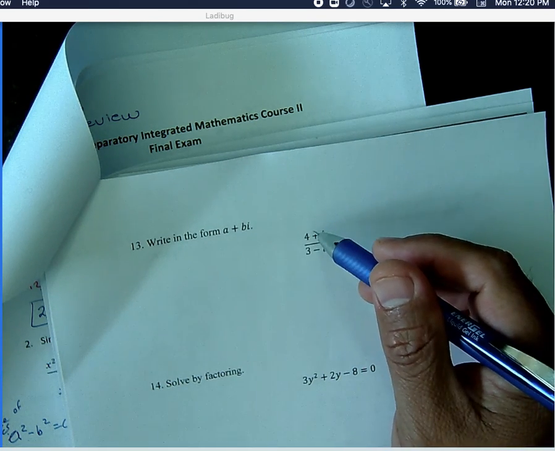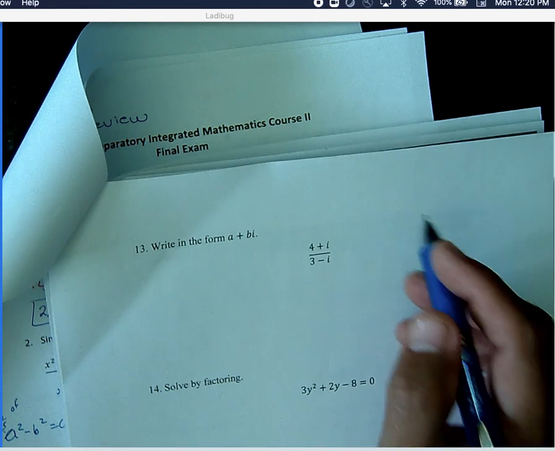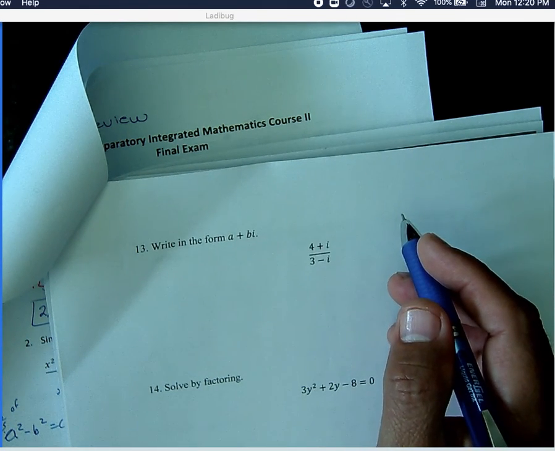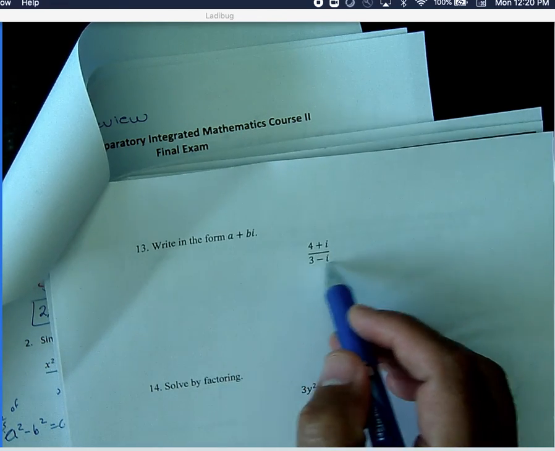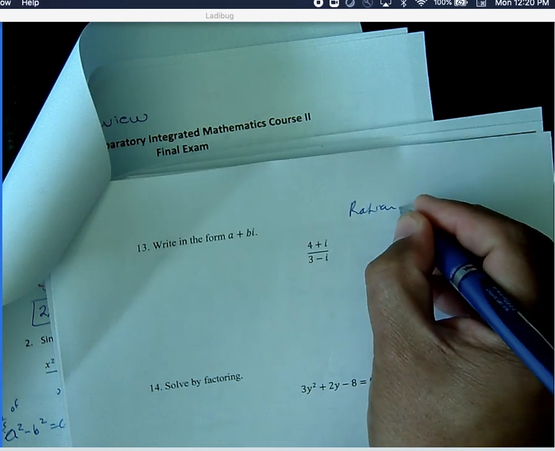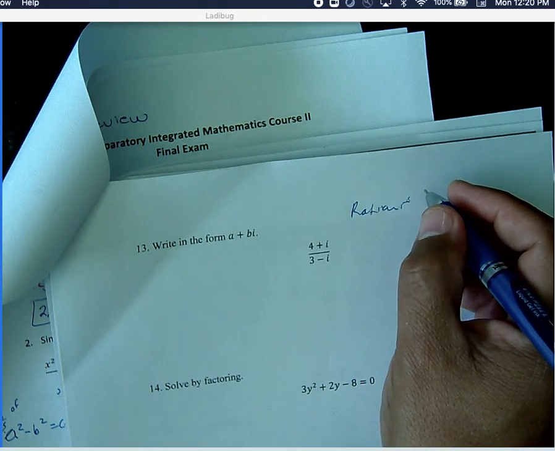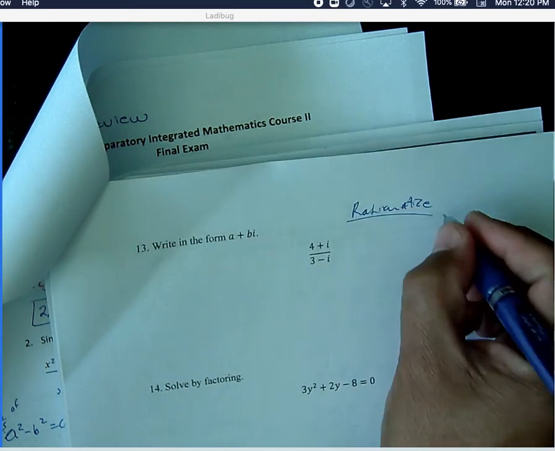So for these ones, what is it asking? Writing in the form of a plus bi. Okay, so in order for us to write it in this form, we can't have this one. We need to rationalize the denominator again.